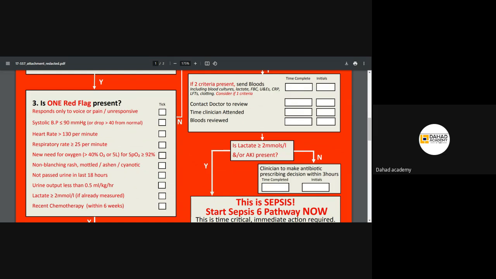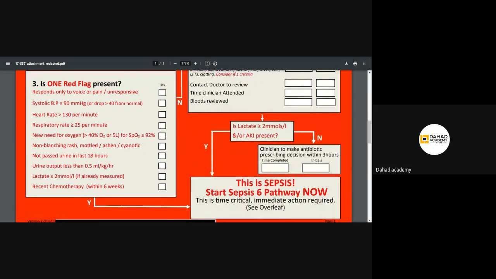Fantastic. So if one of these red flags is present, that the blood pressure has dropped, the patient is unresponsive, the heart rate is more than 130, the respiratory rate is more than 25, the patient still needs oxygen, or there is a new non-blanching rash, or the patient hasn't passed urine for the last few hours, or the lactate on the VBG is more than 2, or the patient has had chemotherapy in the last 6 weeks and came in confused, this means the patient might have sepsis.